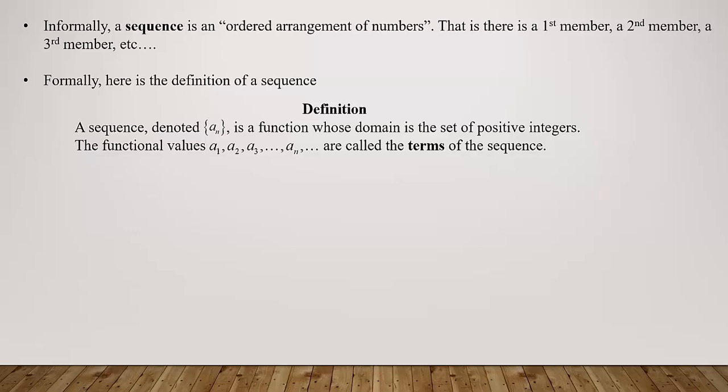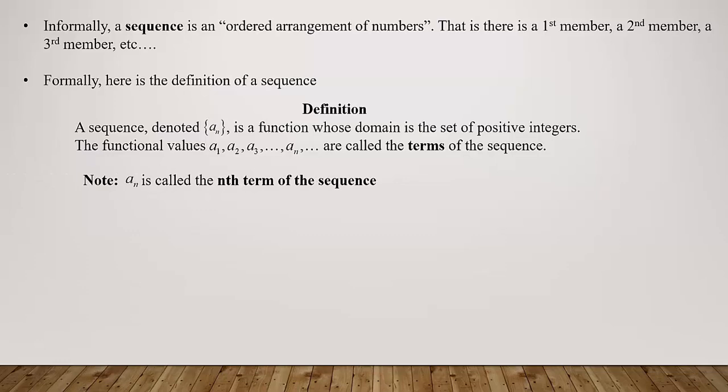Well, those are called the terms of the sequence. So first things first, we're talking about a sequence being a function. The domain is the set of positive integers. So not reals, just positive integers. The functional values, or the range, if you will, are called terms of the sequence, but they're exactly the same concept as being the range.